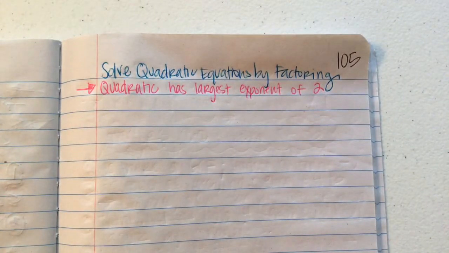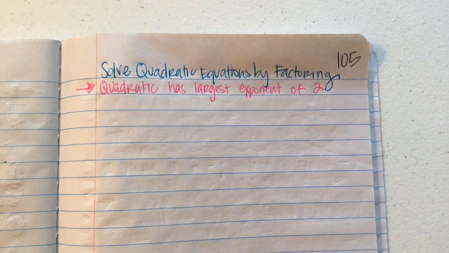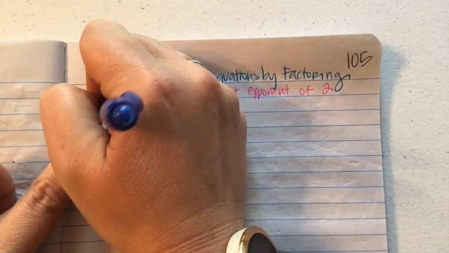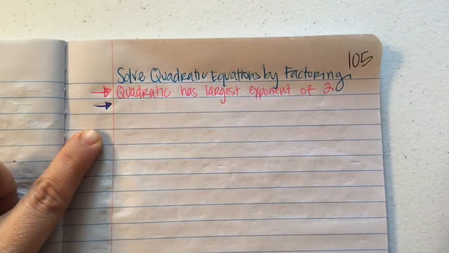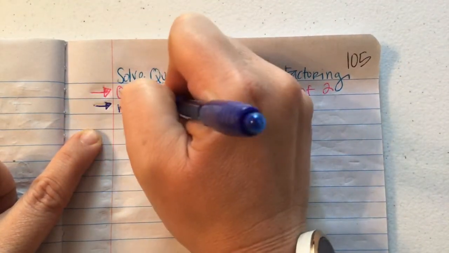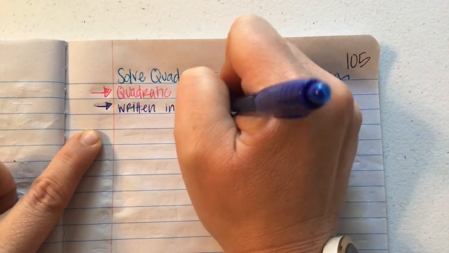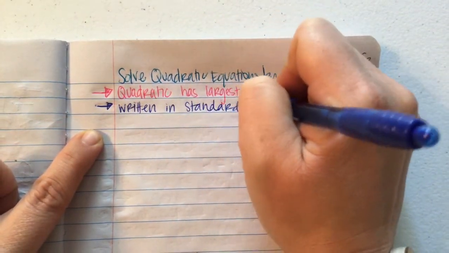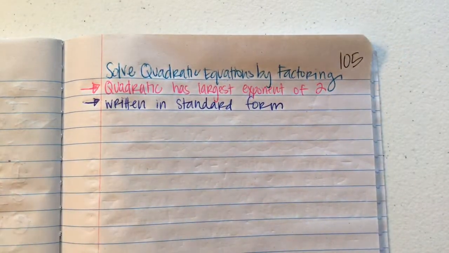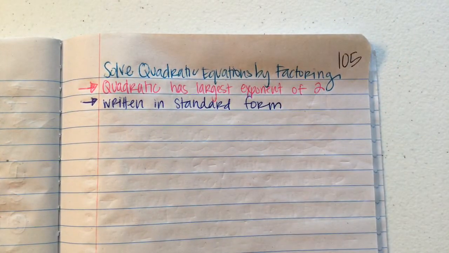So our quadratic is going to be a math problem where the biggest exponent is a 2. We need to make sure they're going to be written this way for the most part at the beginning, but just always make sure that it's written in standard form, right? Exponents from greatest to least.